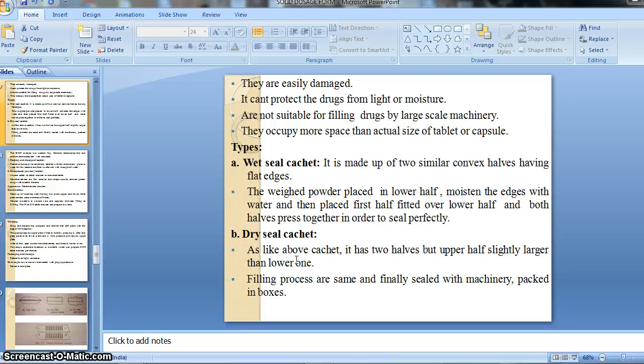The filling process is similar, means the powder is placed in the lower portion of the sachet, and afterward the upper portion is fitted over the lower portion, right? And the sealing is done with the help of machines and packed into boxes, right?